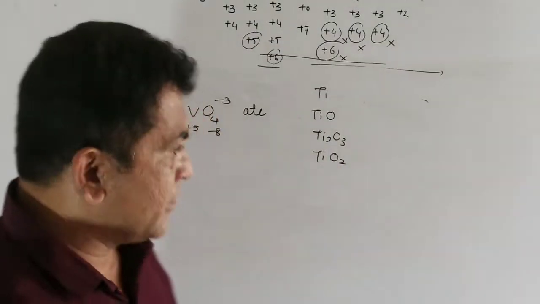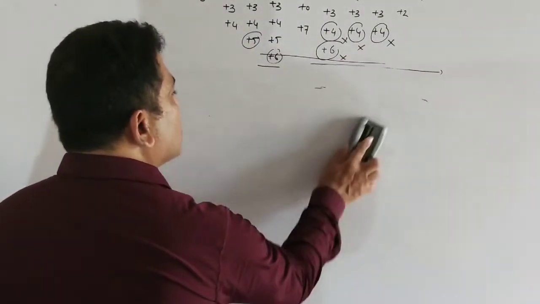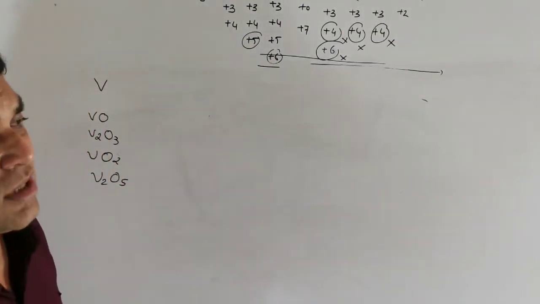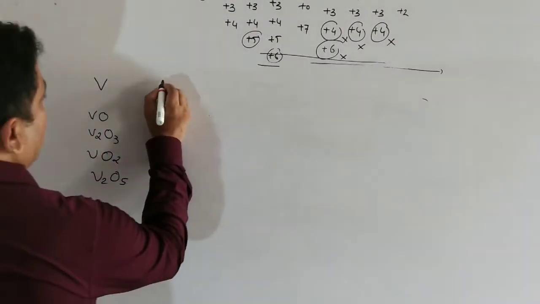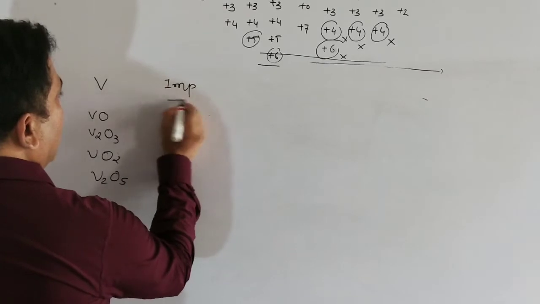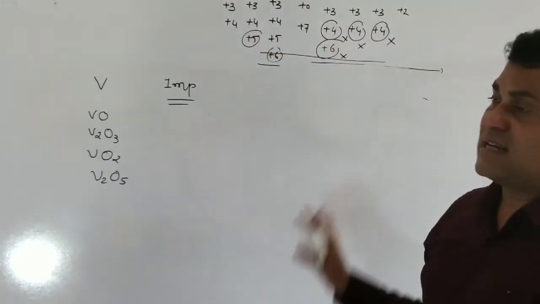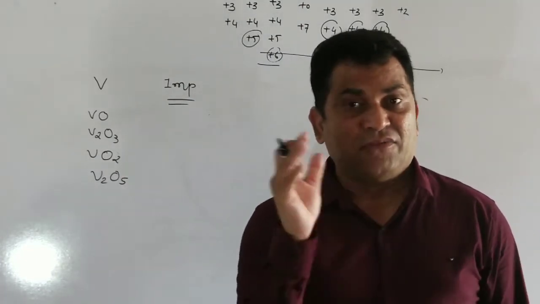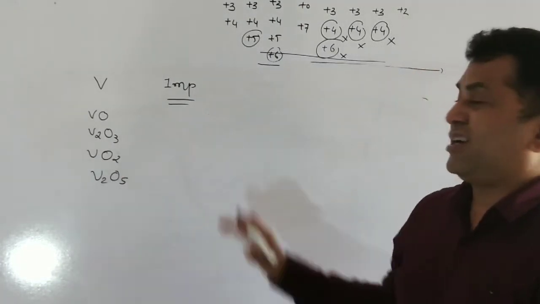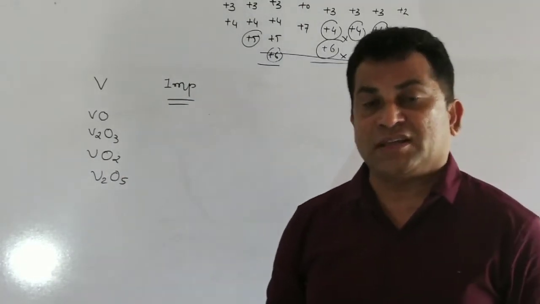Now, this is the most important question, the most Olympiad-type question I am going to discuss with you, and that will be the end of this video. The oxides I have completed entirely with this. So what is the most important question?